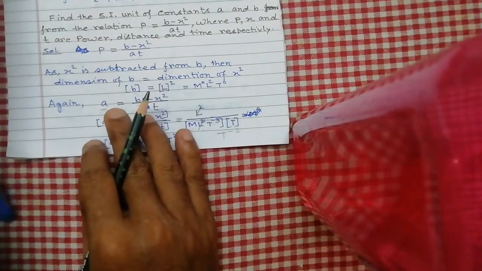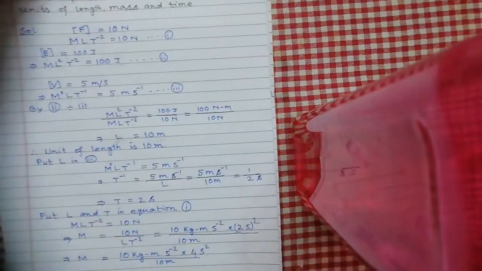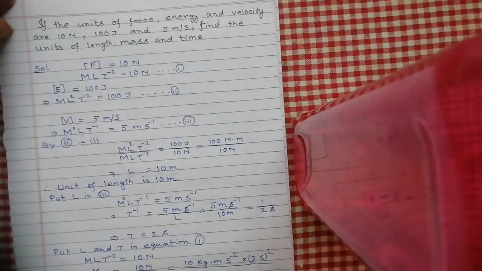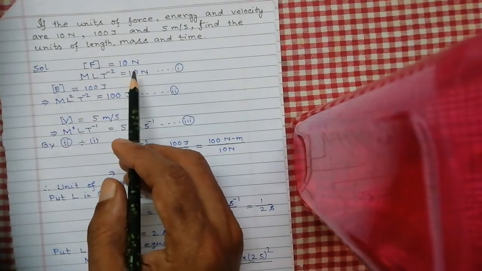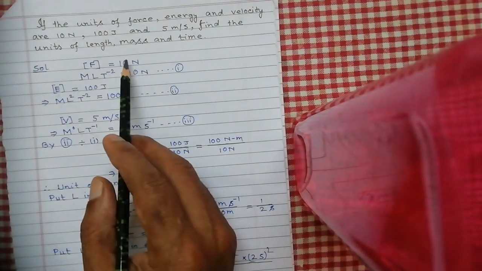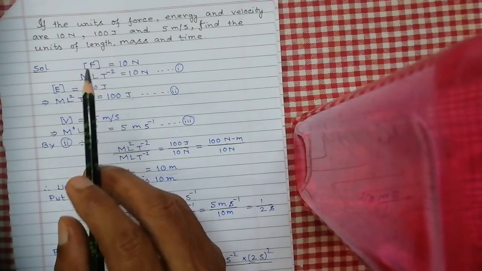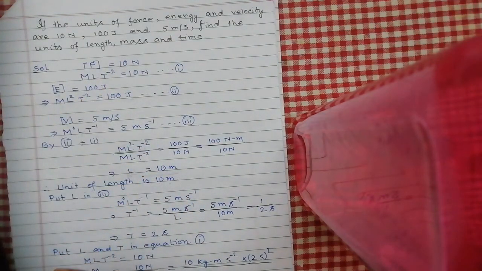Now take another interesting example. Here we know that the unit of force is Newton. One Newton is the unit of force. Energy, it is 1 joule, or velocity is 1 meter per second in SI unit. We know it.